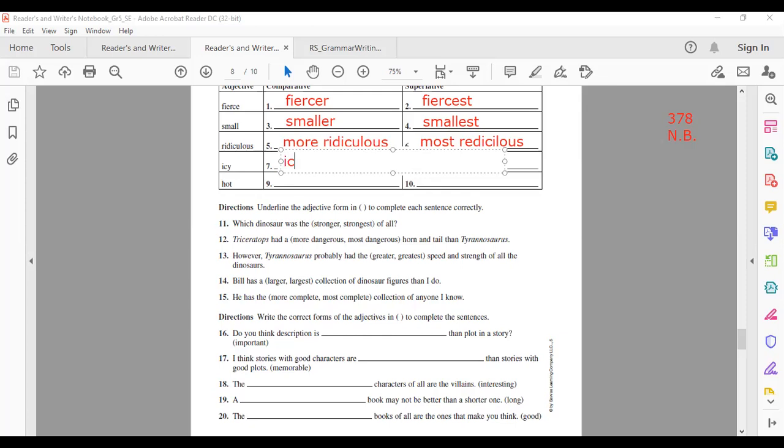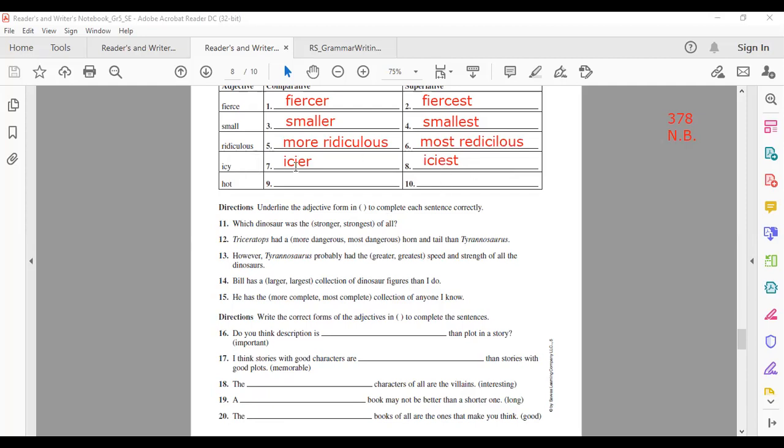So I would change the Y to I and then put ER. This lake is icier than the other. But you make it superlative. What should I add? Iciest. We said that superlative will take EST.